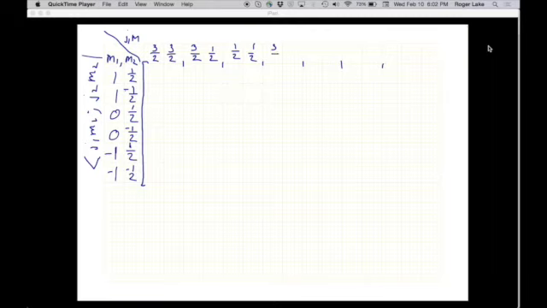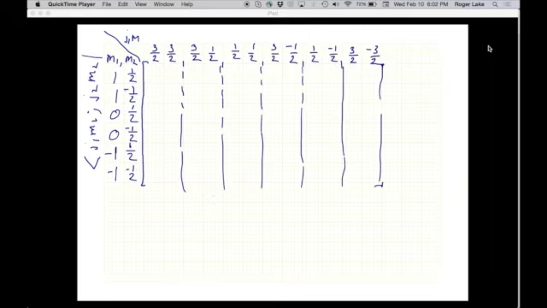I don't know why they order it like this. I think it makes the table look nicer, you'll see when we finish the table out.